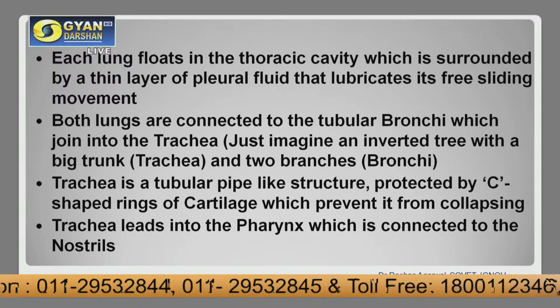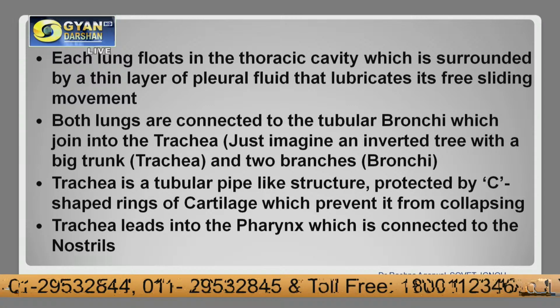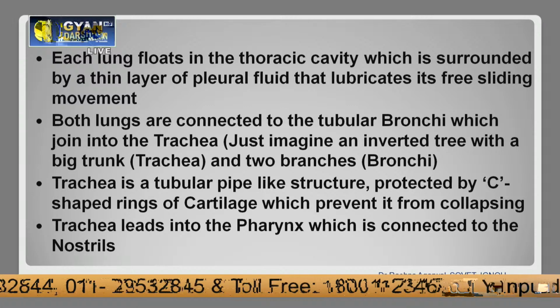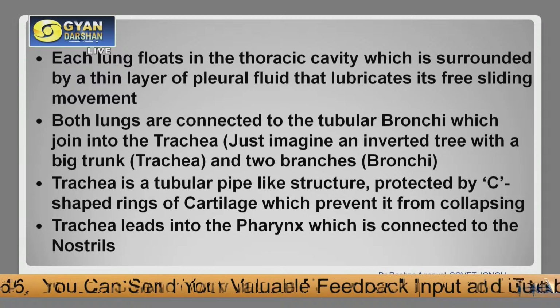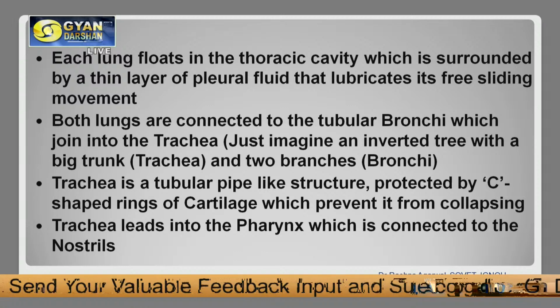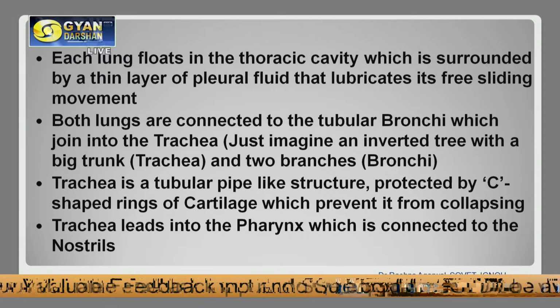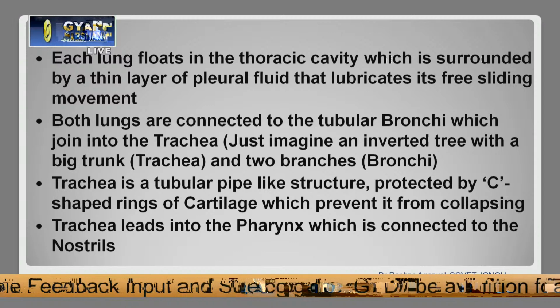Now just imagine an inverted tree, that is, upside down, and the tree has a single trunk which divides into various branches, basically into two branches first, which are the two bronchi. The trachea is a tubular, pipe-like structure, and it is protected by C-shaped rings of cartilage.